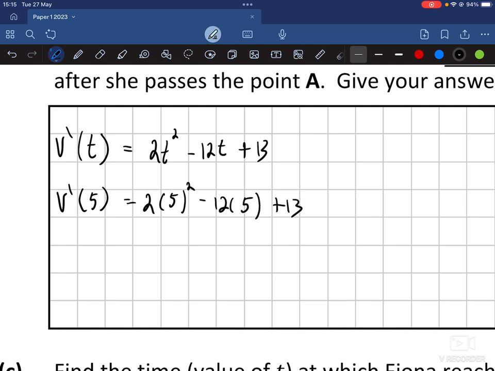So that's 2 by 5 squared minus 12 by 5 plus 13, which is 3.